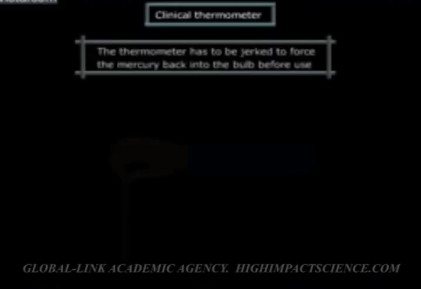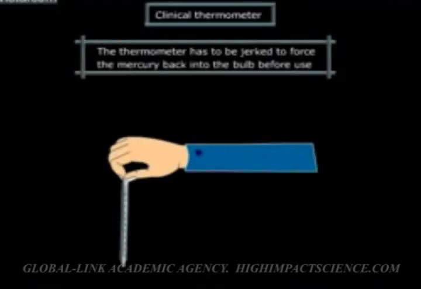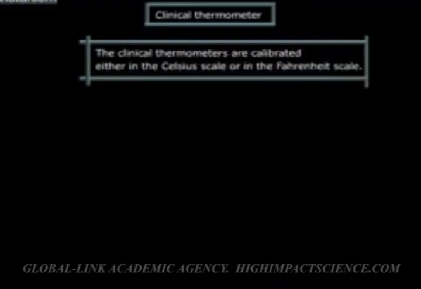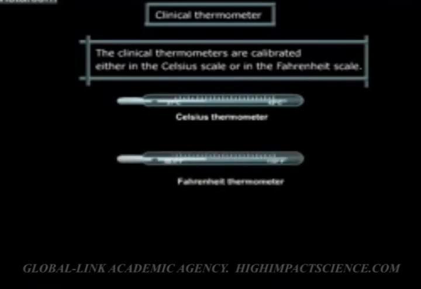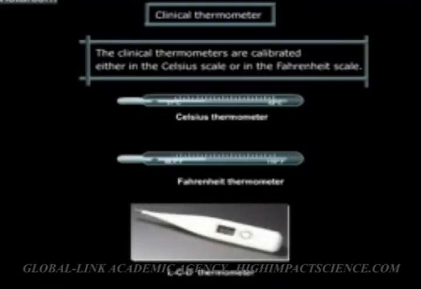The thermometer has to be jerked to force the mercury back into the bulb before use. It is calibrated either in degrees Celsius or degrees Fahrenheit. Presently, there is an LCD thermometer in use.